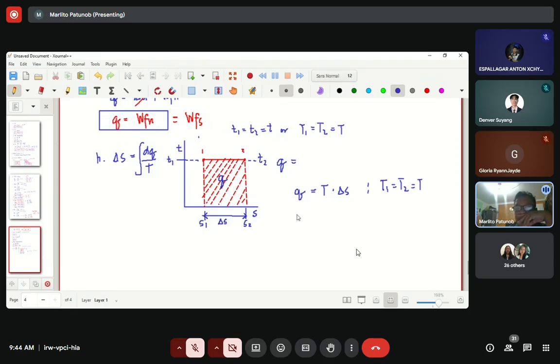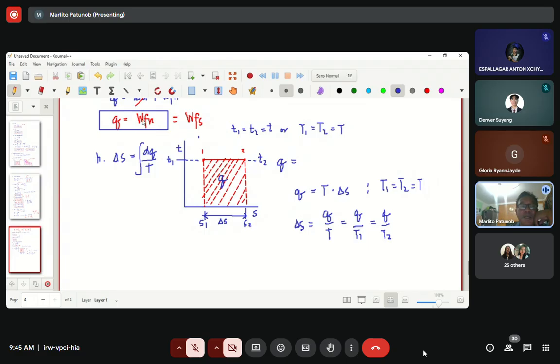So your Q now, since what we are looking for is delta S, your delta S will be Q over T. So that could be equal to Q at T1 and is equal to Q at T2, no?